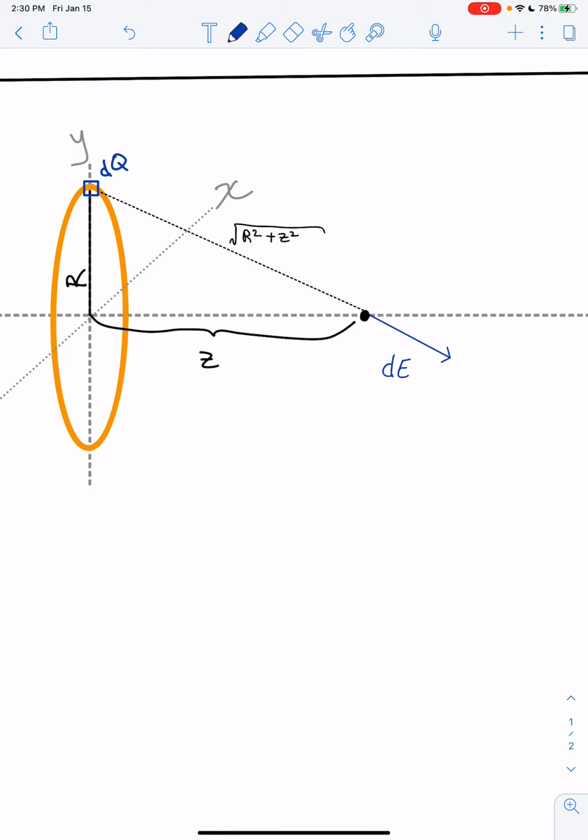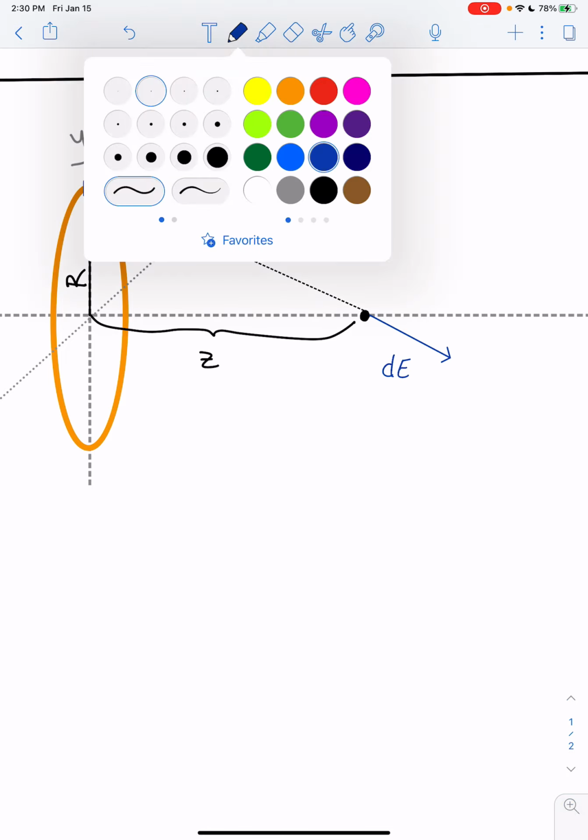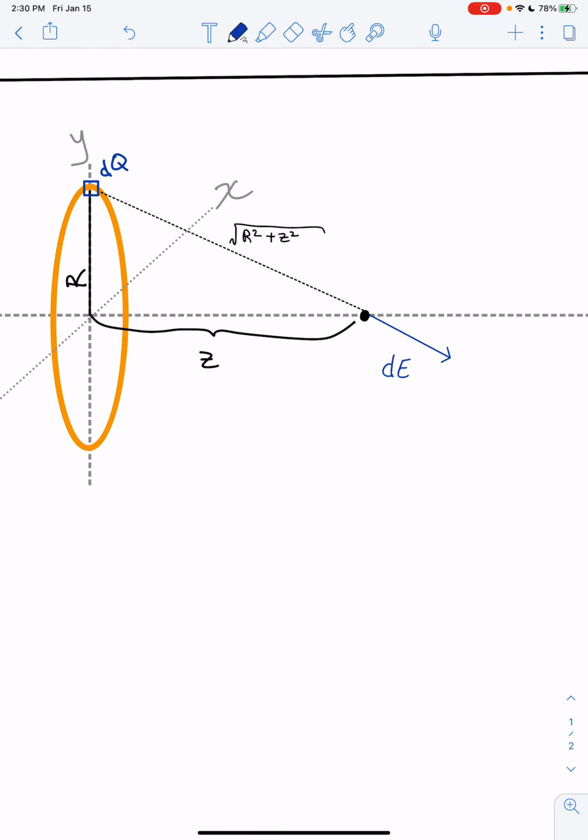because of our dq. And this dE is going to have components. Back up a second.